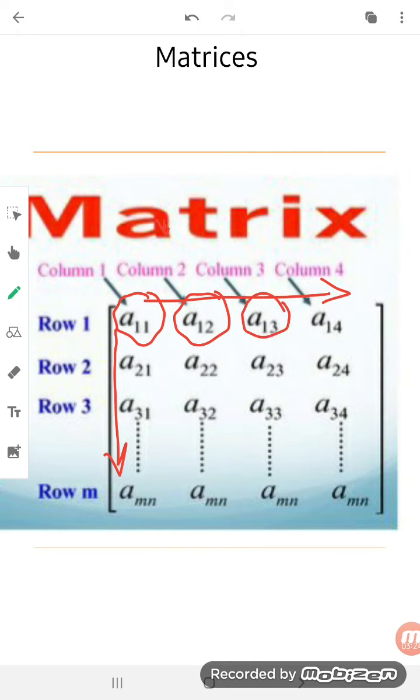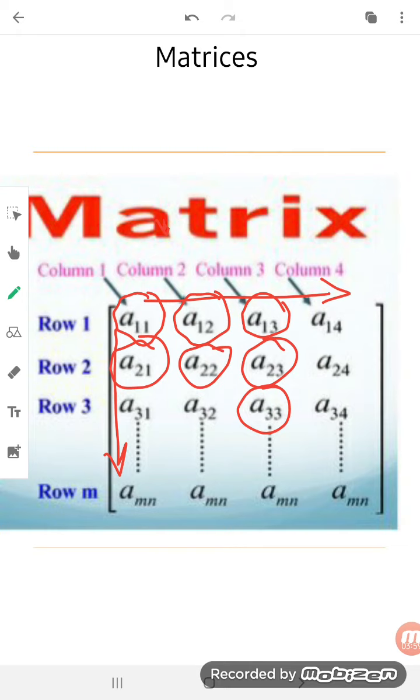E13 lies on the first row and third column, and so on. This element lies on the second row and the first column, so we write E21. E22 means the second row and the second column. E23, second row and the third column. E33, third row and the third column, and so on.